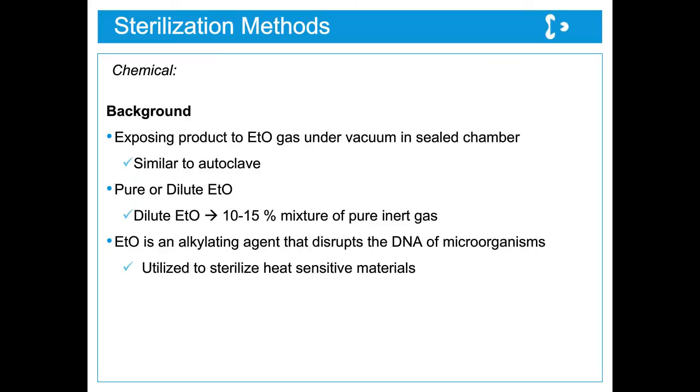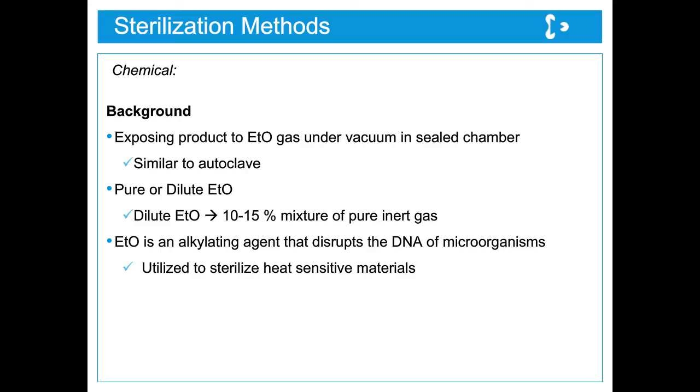Let's start with chemical sterilization. As I just mentioned, it's done by ethylene oxide gas. It's very similar to an autoclave, as the product is put into a vacuum-sealed chamber. The ethylene oxide gas acts as an alkylating agent that actually destroys the DNA of microorganisms. It can either be pure or dilute ETO.